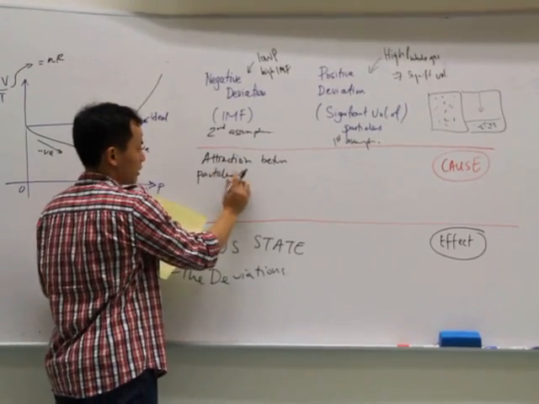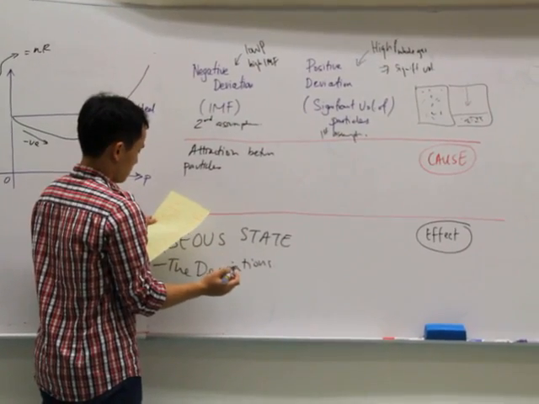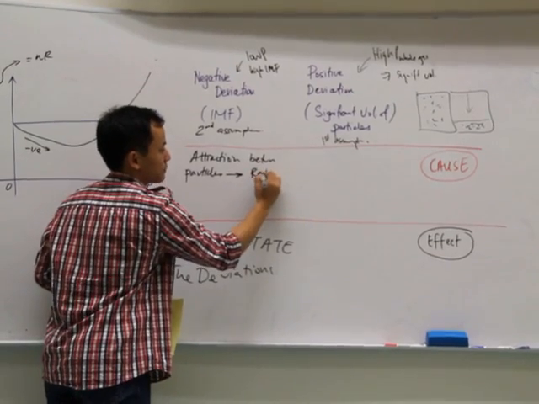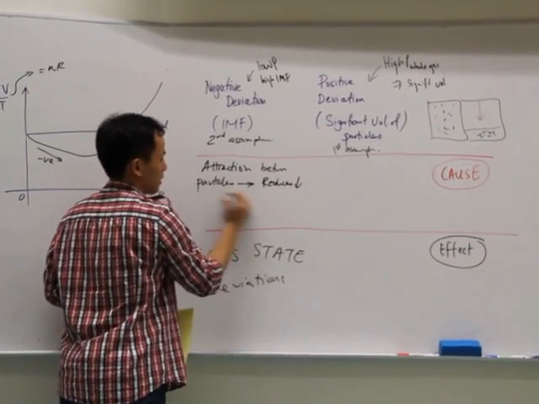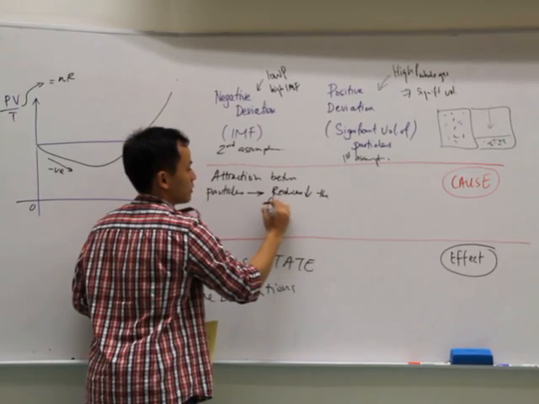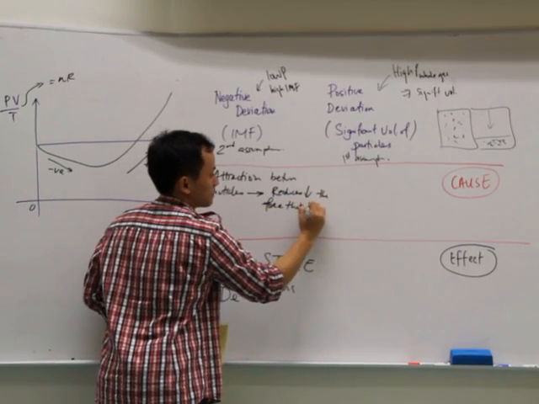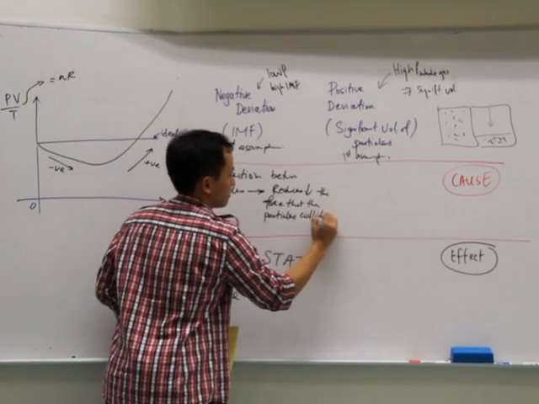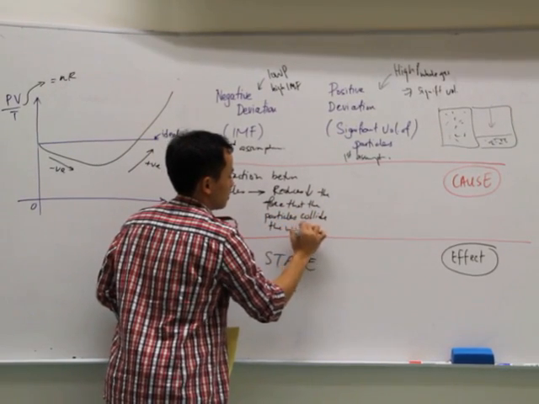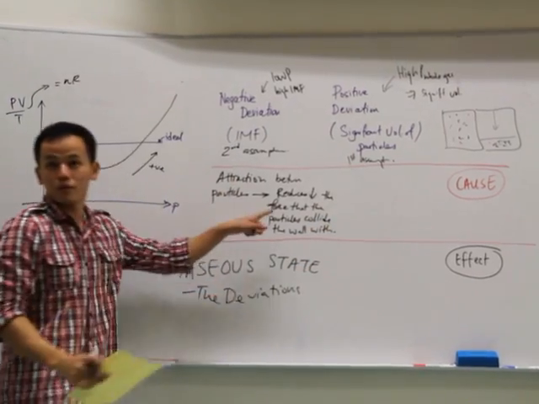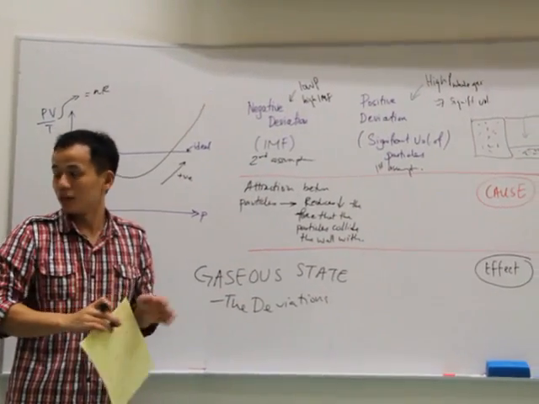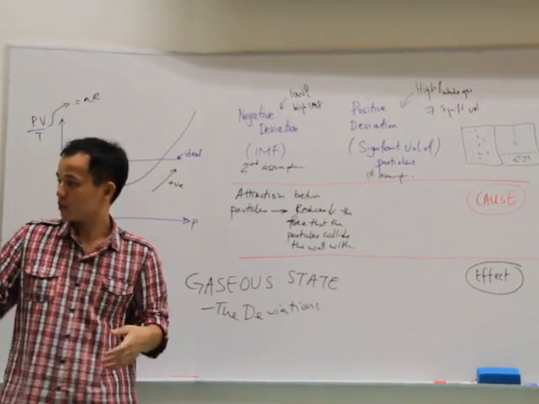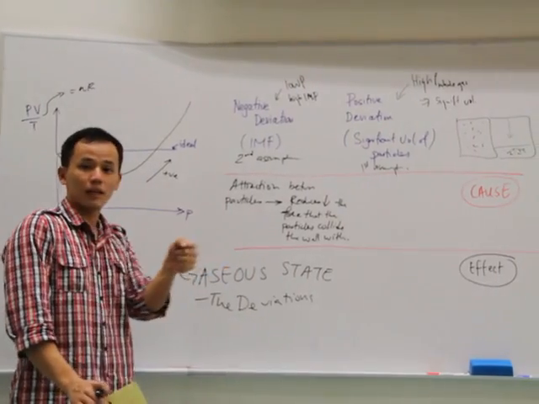The attraction actually reduces the force that the particles collide with the wall. In the first case, when the particles collide against the wall, they hit with a certain force.